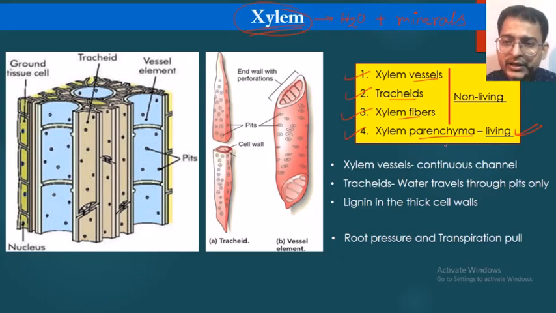Now let us see in a cross section of the stem how the xylem tissue looks. This is a diagrammatic representation of how the xylem tissue looks.